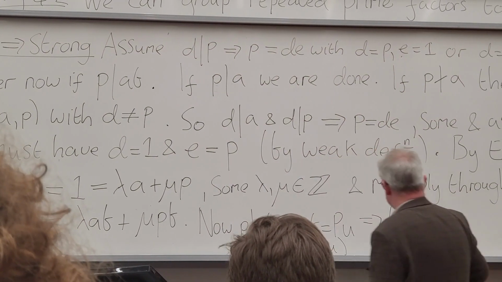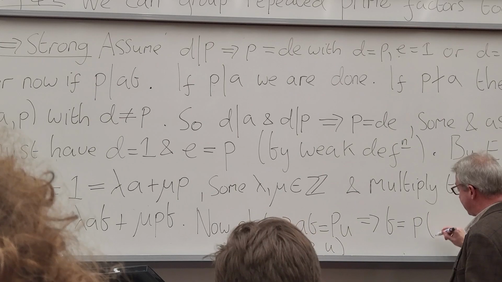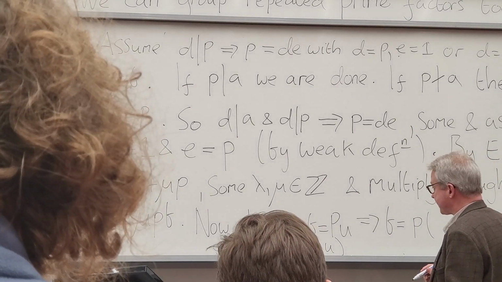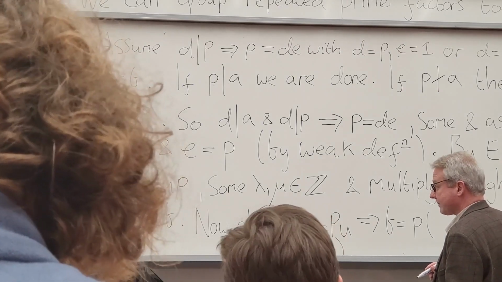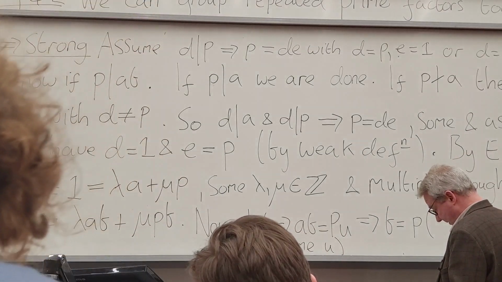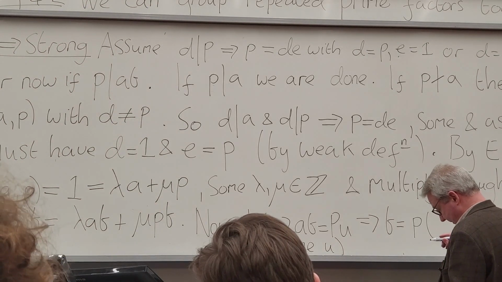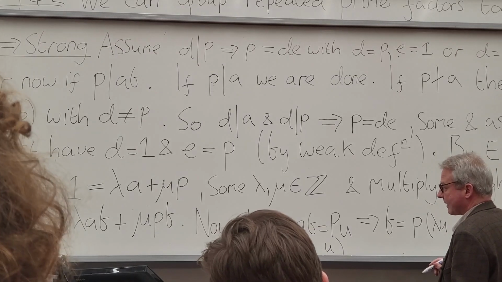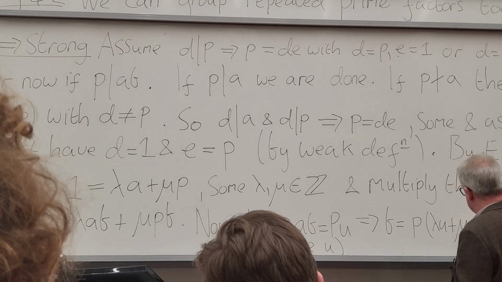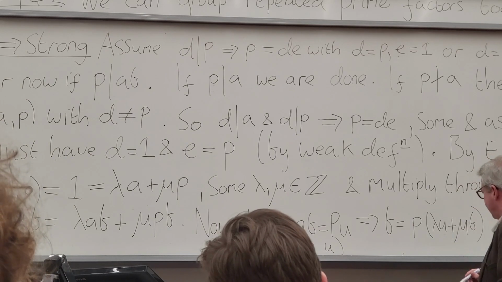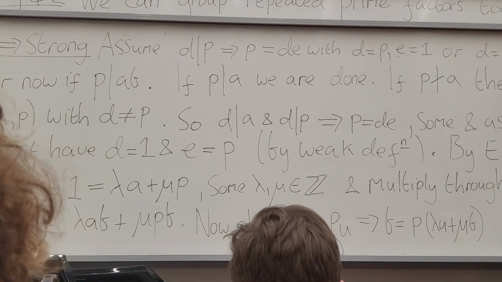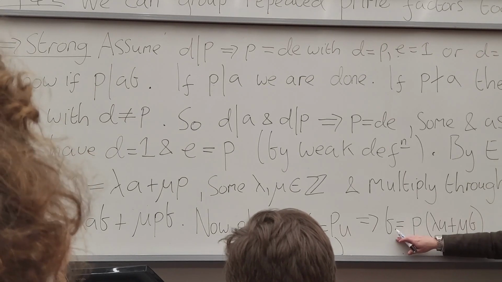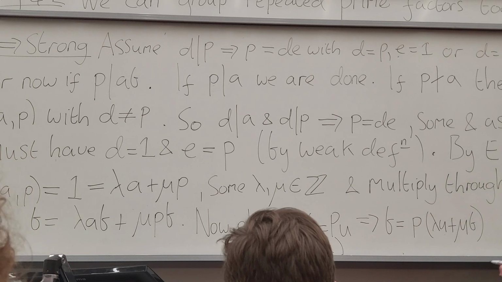So I factorise out the P, and I get P times lambda U plus mu B. The right hand side is divisible by P, so the left hand side is divisible by P.